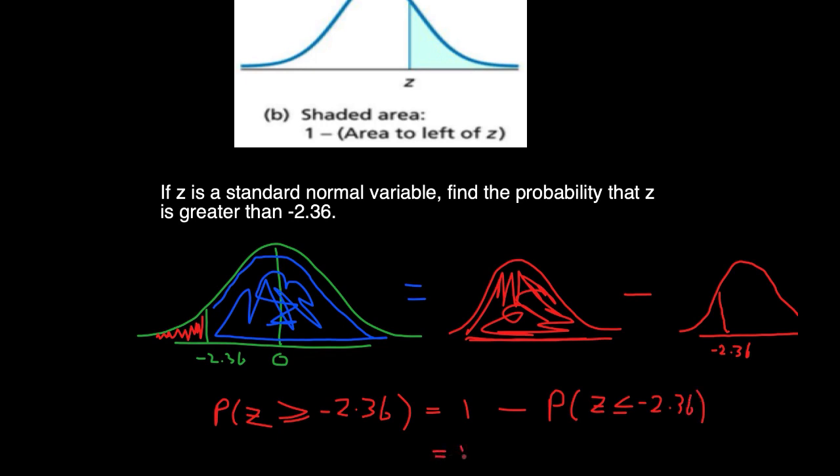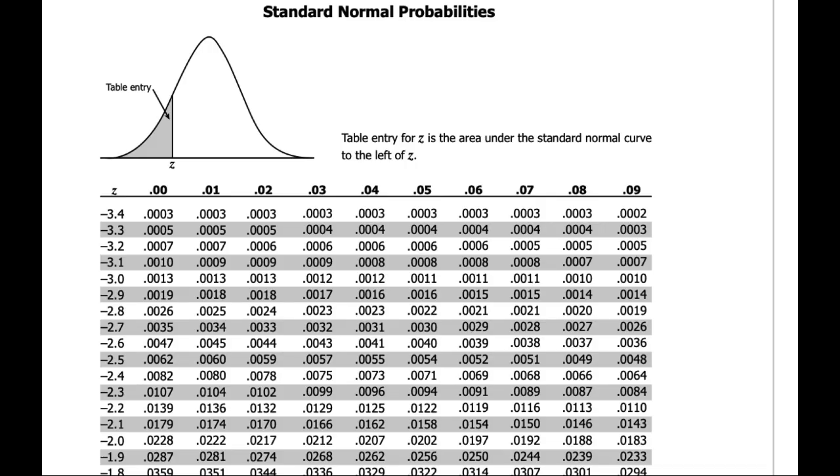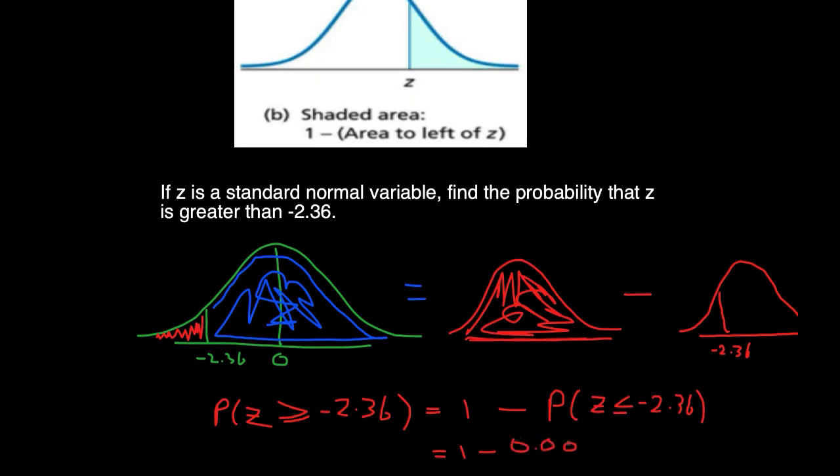To find this probability, we have to use the table. Go back to the z table and find negative 2.3, which is here, and 6 is here. So we have 0.0091. Therefore, this probability equals 0.0009. This is the probability z greater than or equal negative 2.36.